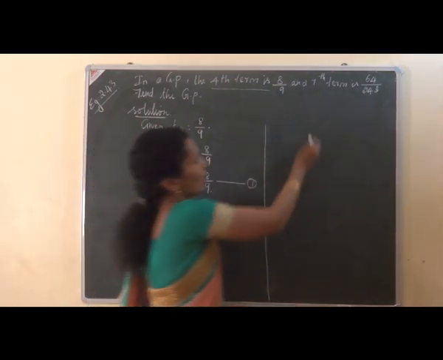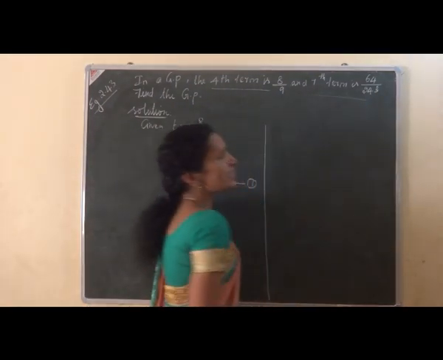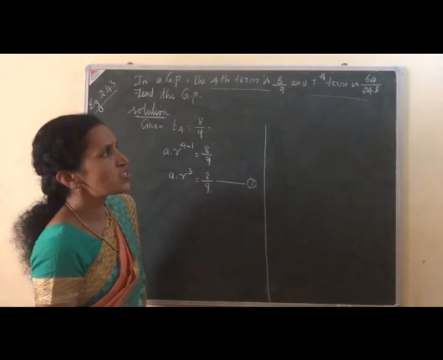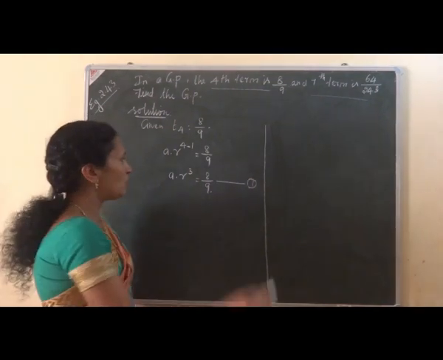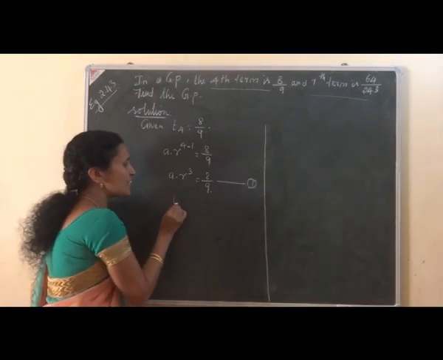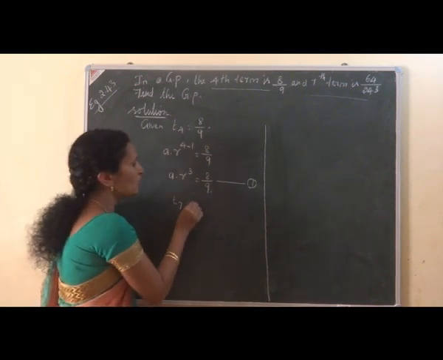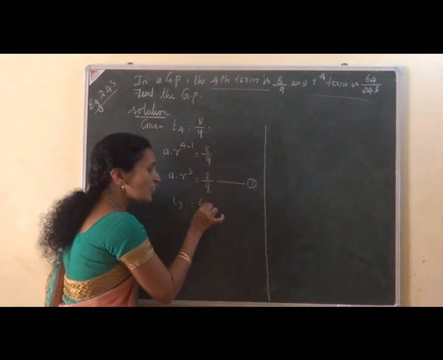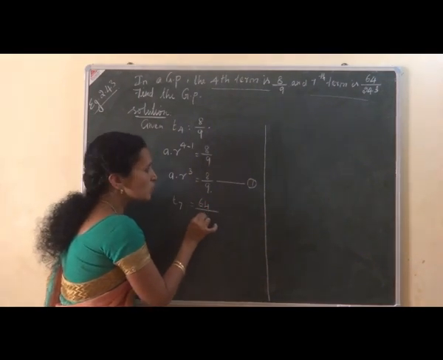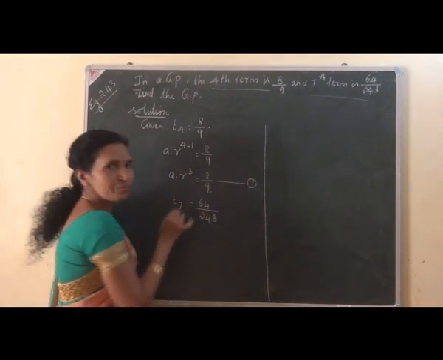Next, what is given? The seventh term is 64 by 243. What is the seventh term? T7 equal to 64 divided by 243.